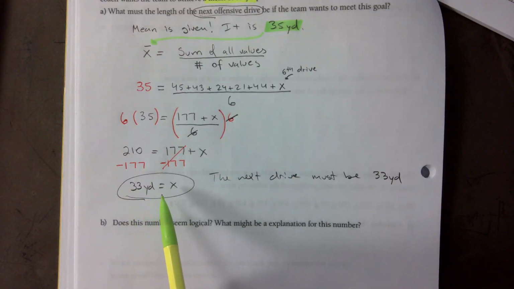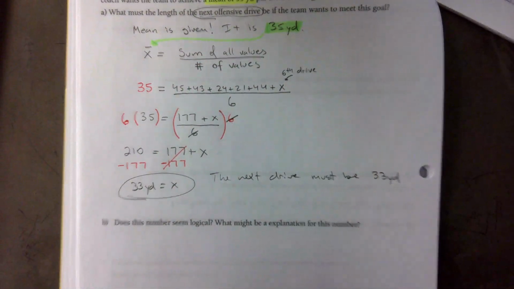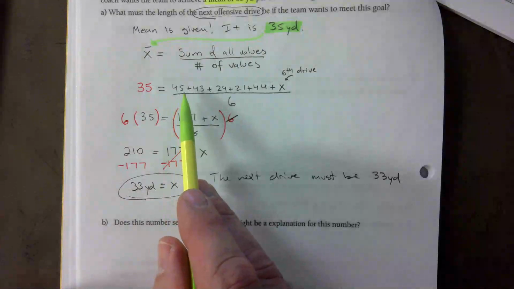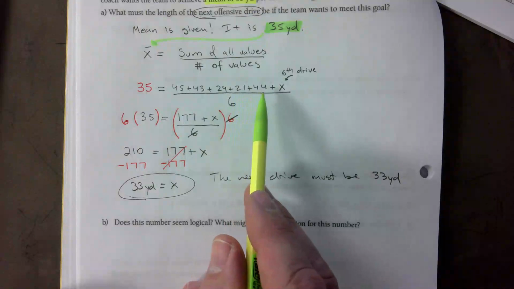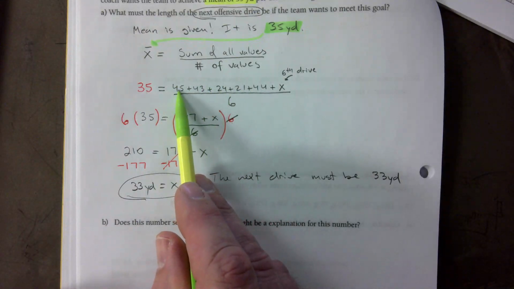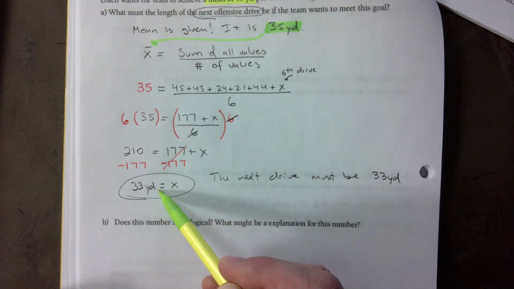As a coach, can you expect your team to do this? You go back to what happened before. Look at the drives that they've achieved, that team. 45, 43, 24, 21, 44. They've had 45, 43, 44 before. So 33 isn't all that difficult to achieve. It's actually very realistic, a realistic goal.